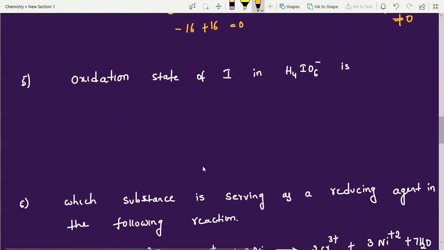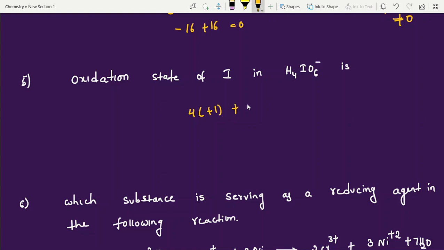Now, oxidation state. Oxidation state of iodine in H4IO6 minus. Then calculate. So 4 into plus 1, hydrogen is plus 1, X you don't know, 6 into minus 2, that is equal to the charge minus 1. 4 plus X minus 12 equal to minus 1.